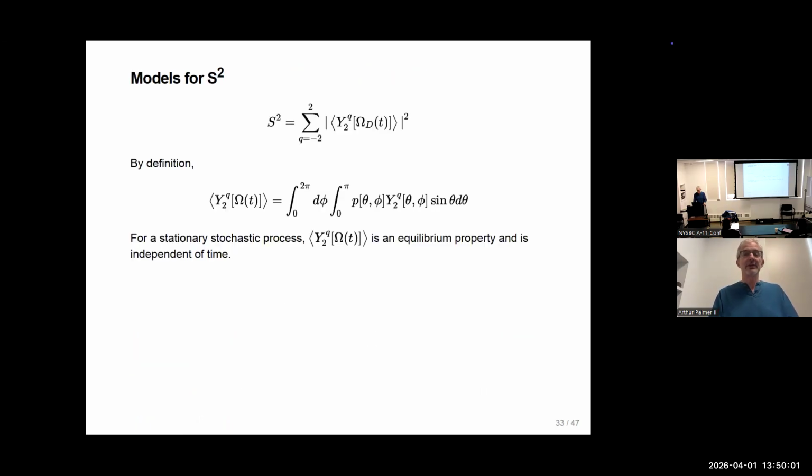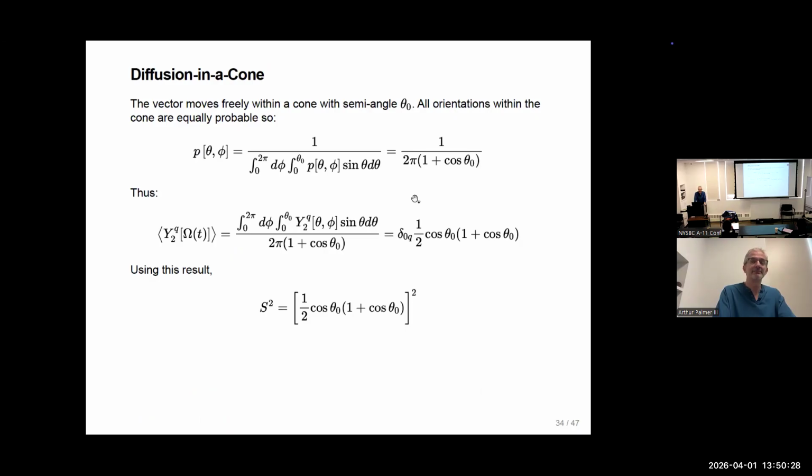And then, of course, if we have S squared or tau sub b, again, we might wonder what models we would apply. As I said, frequently these days, one uses computer simulations to help with this. But we can write down the average of the spherical harmonic that depends on the equilibrium distribution of orientations integrated with the spherical harmonic. Here's probably the most famous example, diffusion in a cone.